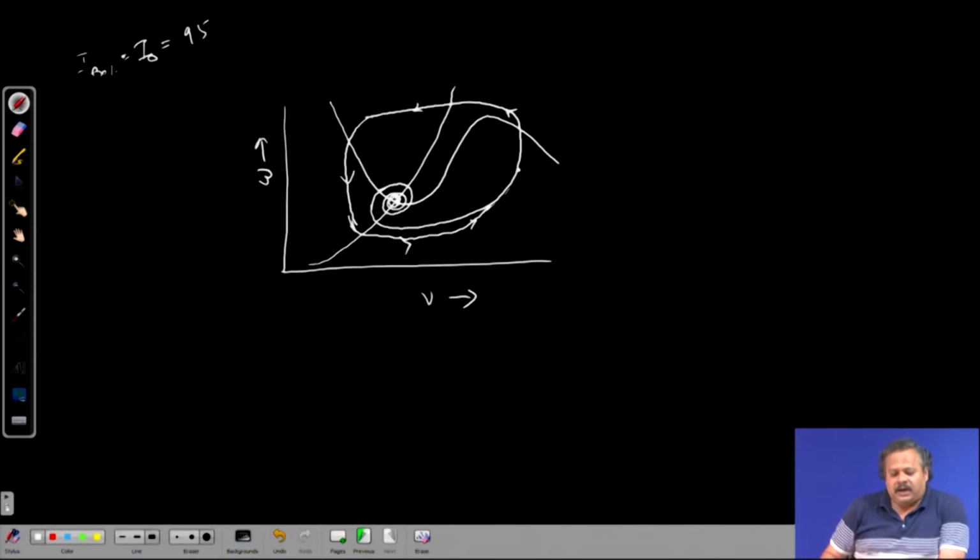Which means if we look at the behavior of the system with time, this is the solution of the system with I naught equals 95 and the system being started just around the equilibrium point, very close by. Remember, if we start exactly at the equilibrium point, it is going to stay there forever. Theoretically, it has to.